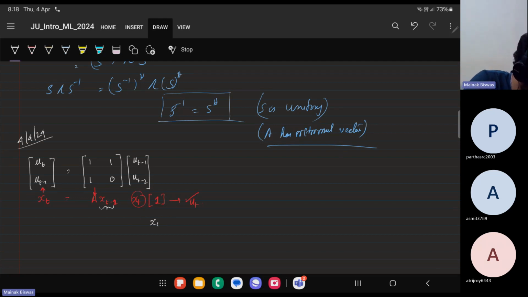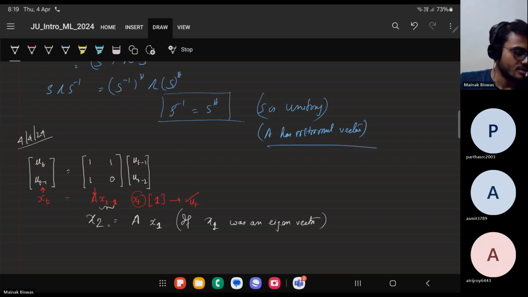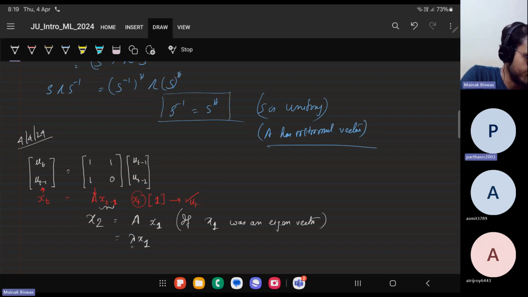If x0, or x1 I could write, if x1 was an eigenvector, what would have happened? What would have been x2 then? x2 will be lambda x1.